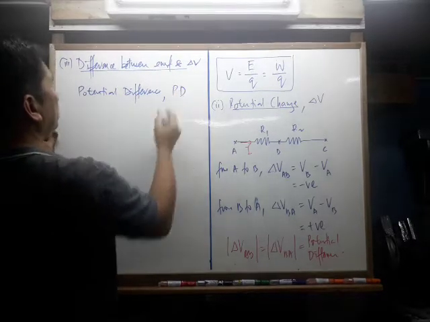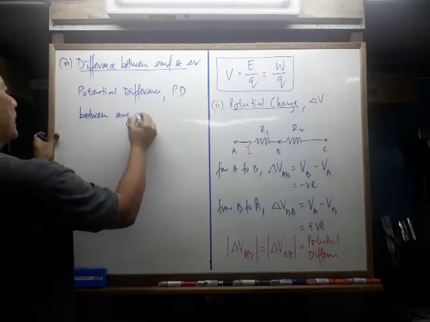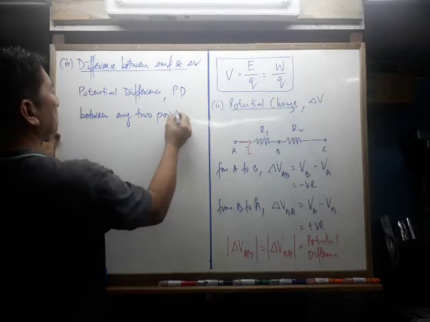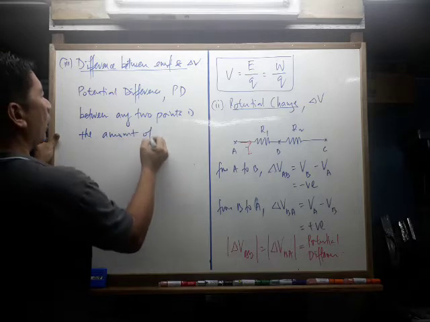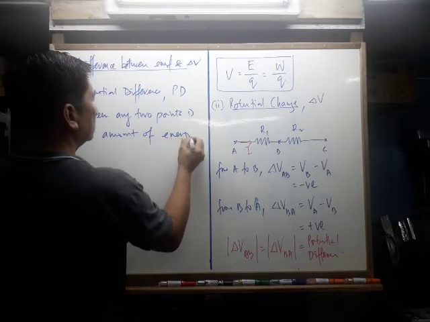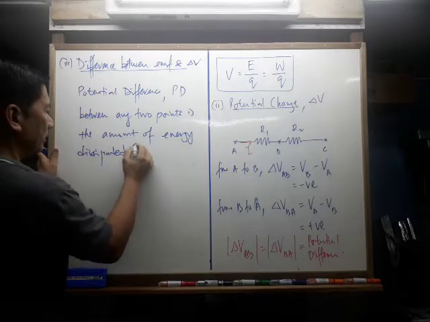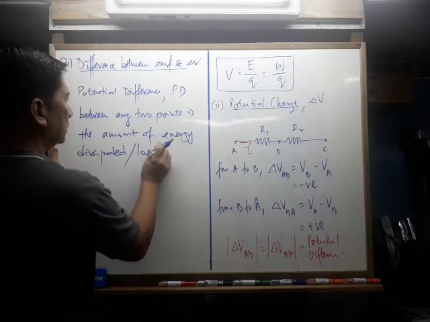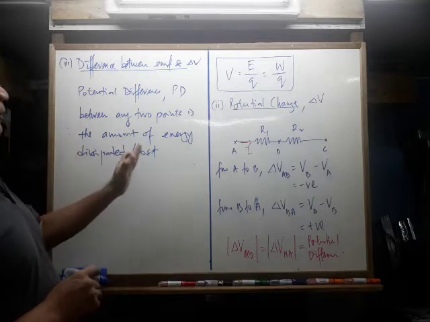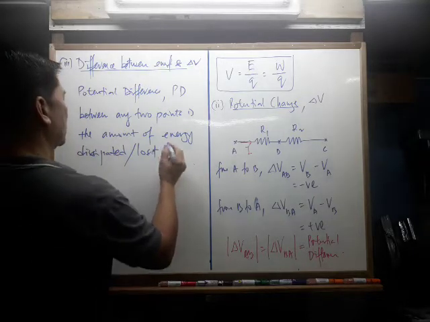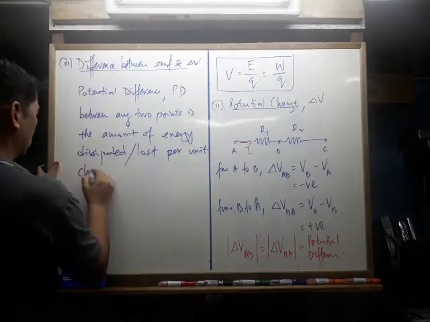Potential difference, or PD, between any 2 points is the amount of energy dissipated, or in other words, lost, per unit charge.